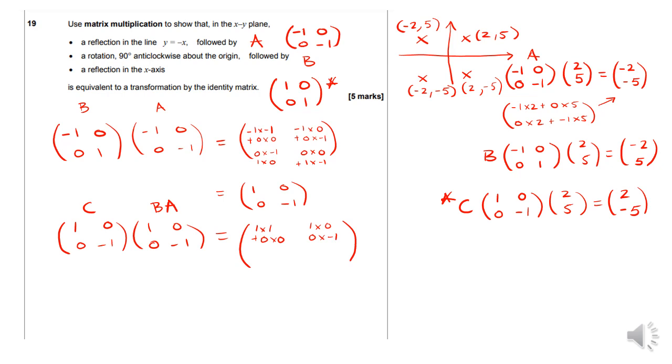Then we're on to the bottom row by the first column, which is 0 times 1 and negative 1 times 0. And then the bottom row by the second column is 0 times 0 and negative 1 times negative 1. I've missed the add off again there.